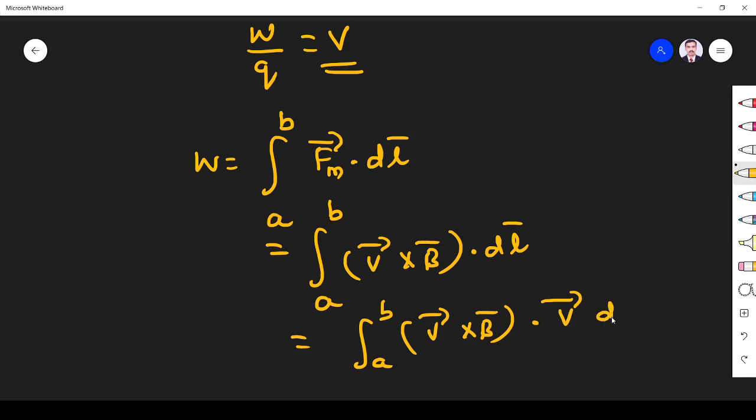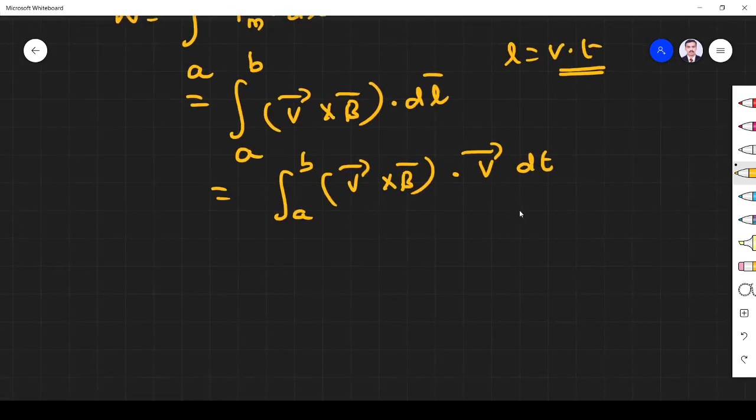dl is V dt. Length is equal to velocity into time. Distance equal to velocity into time. That's what I have written here, right? So dl means V dt.